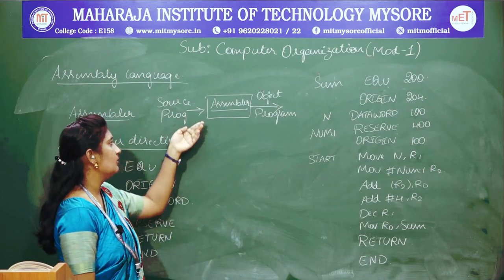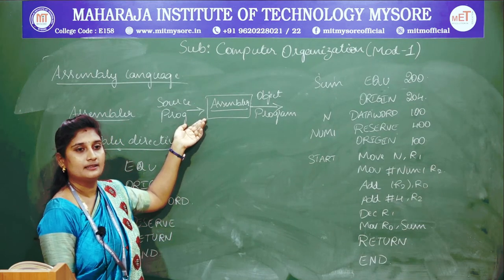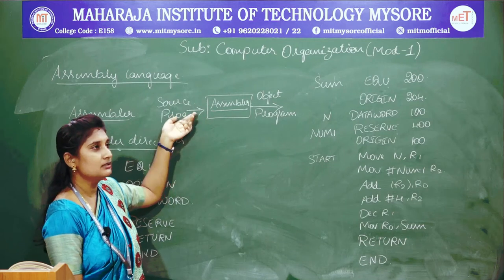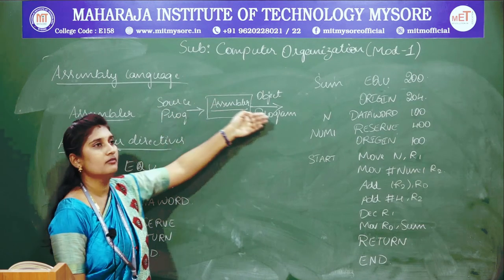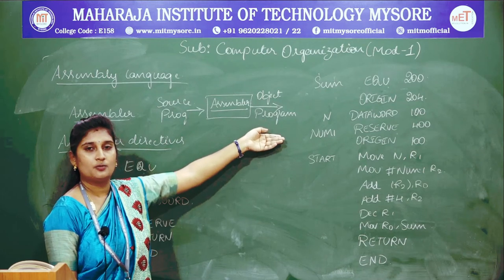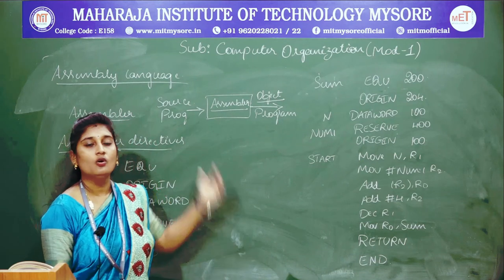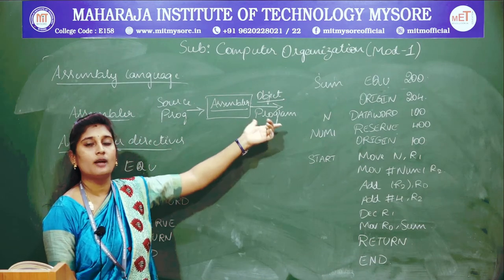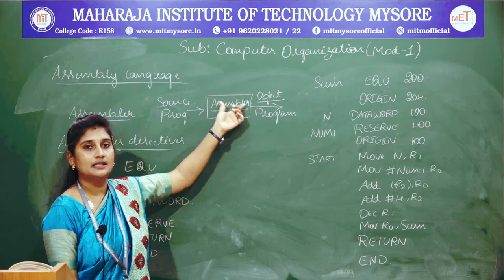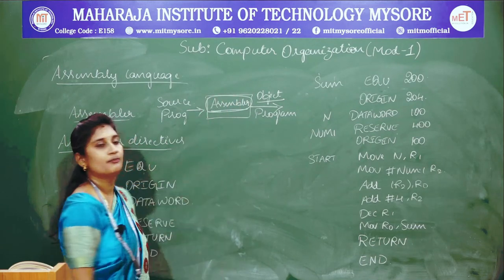So this assembly language program, whatever you are writing, will be called a source program. This source program I need to convert into a machine language program. That machine language program will be called an object program. So the conversion of source program to object program is done by a system software called an assembler.